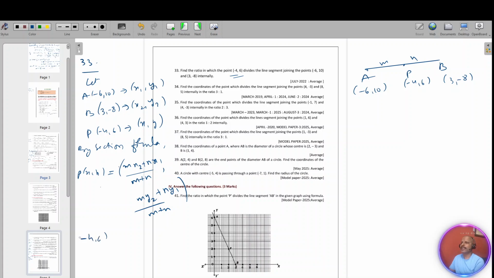Minus 4 comma 6 is equal to, substitute properly. M is what? We don't know m. X2 is 3, n. X1 is minus 6. Once you substitute, check whether you applied it properly or not.